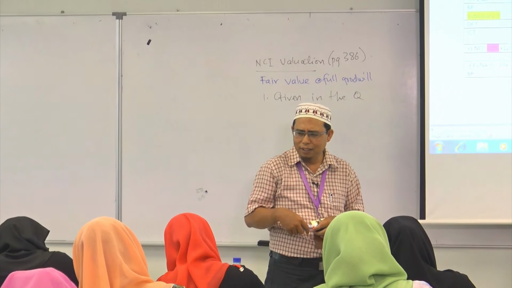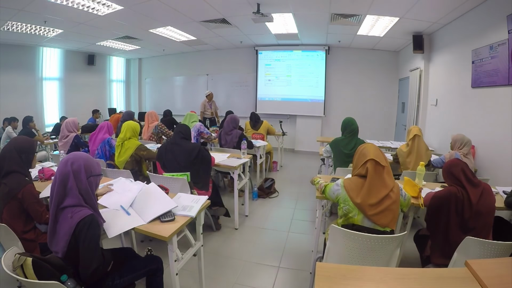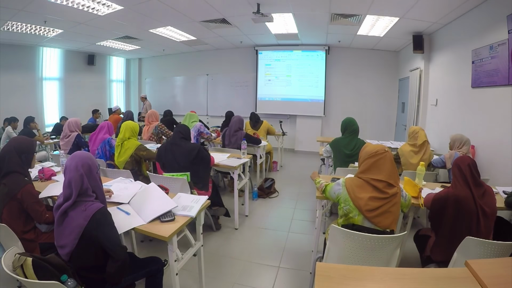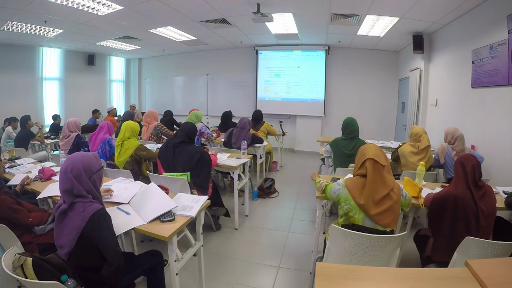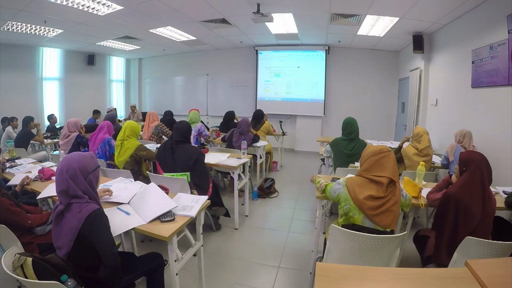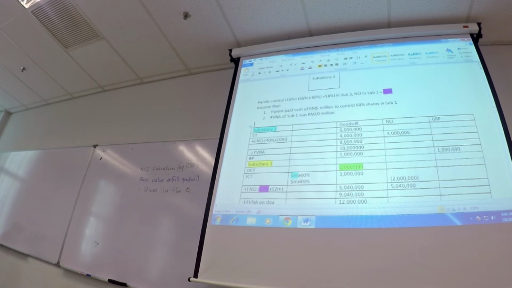Okay, so for example, you don't have to copy it. Let's say I change this. Parent paid 5 million cash to control 60 shares in subsidiary 1, fair value 10 million.